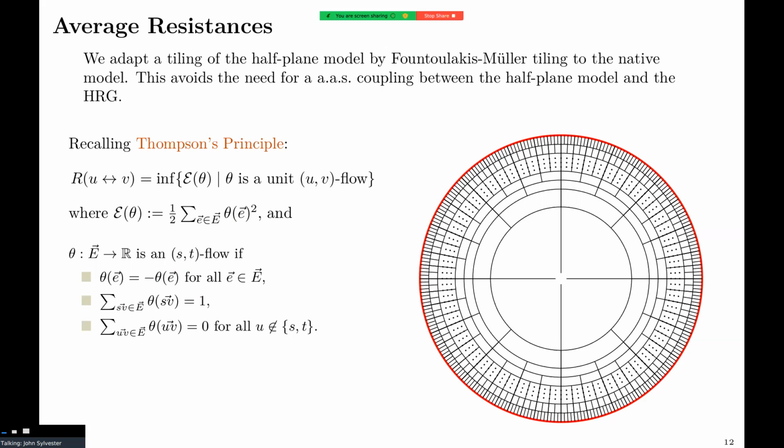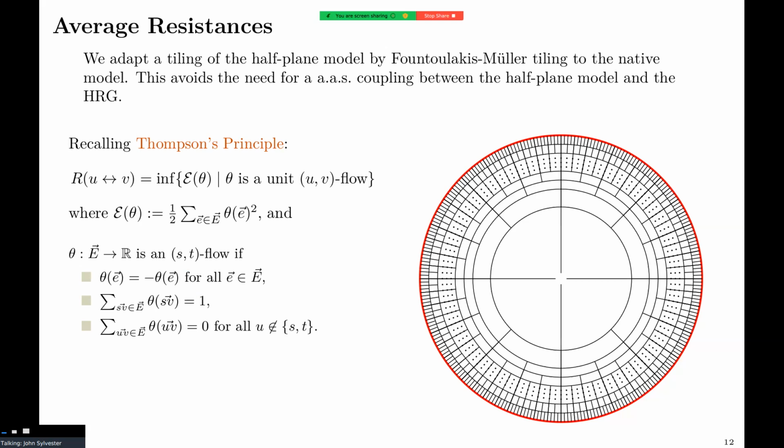So you need to rely on a coupling between the two models, and so you lose some probability in doing so. So in particular, no result you prove using the tiling of the half plane will hold with probability any greater than 1 minus n to the c for some unspecified small constant c.